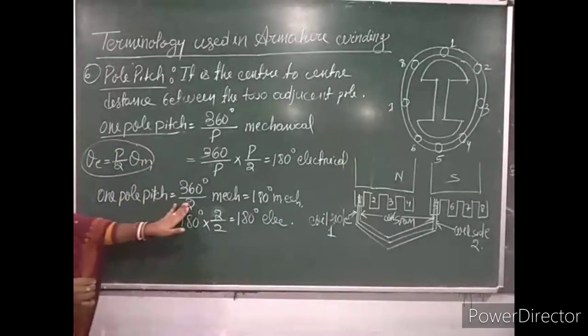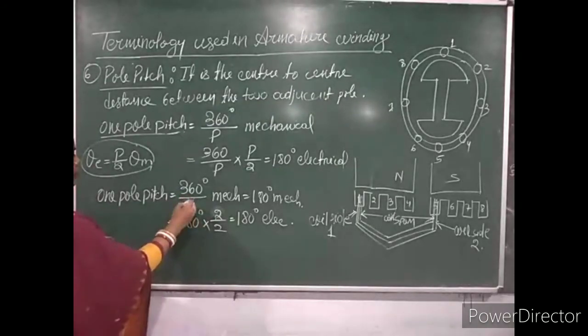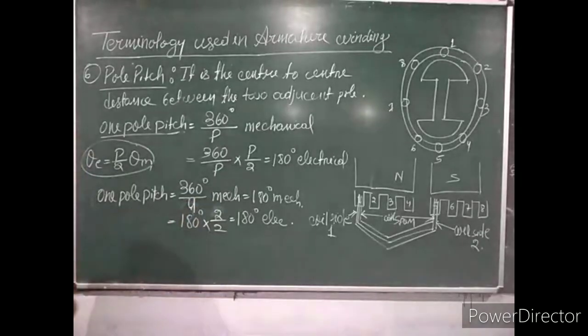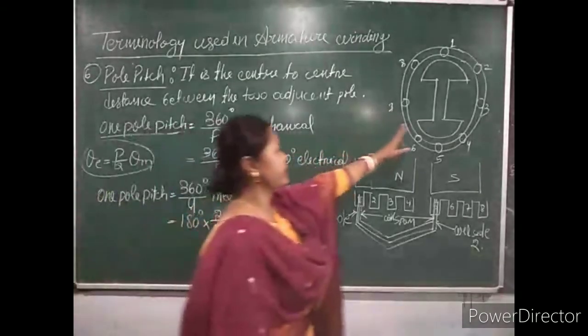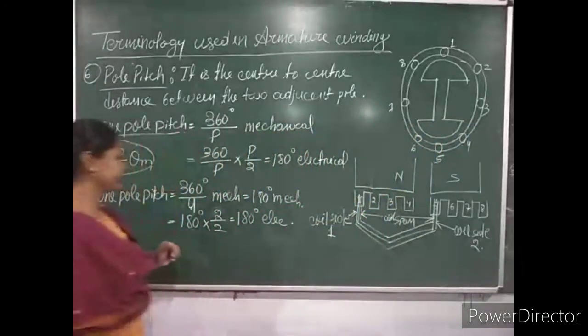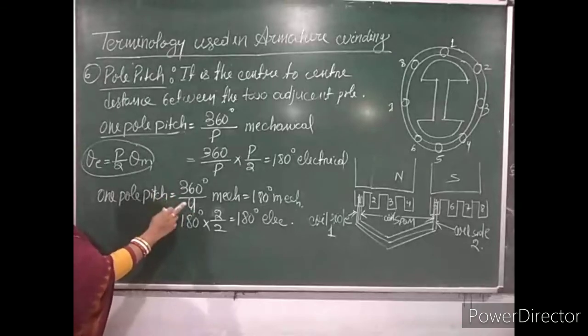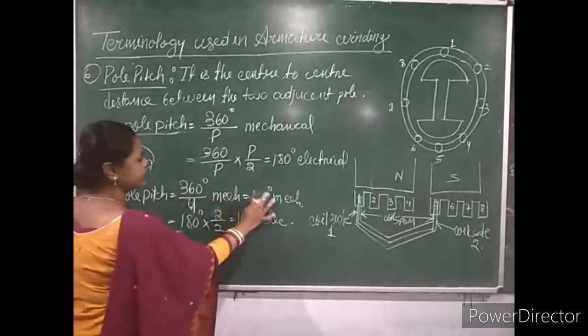Suppose in this example I consider 4 poles. Then the theta mechanical for 4 poles is 90 degrees.